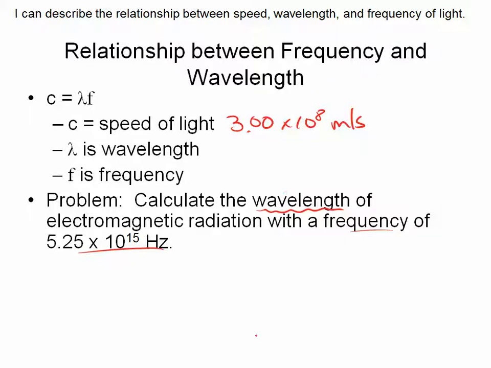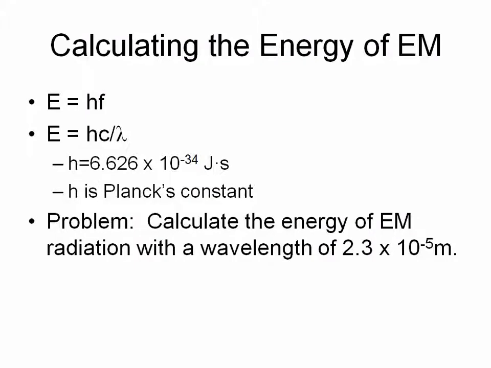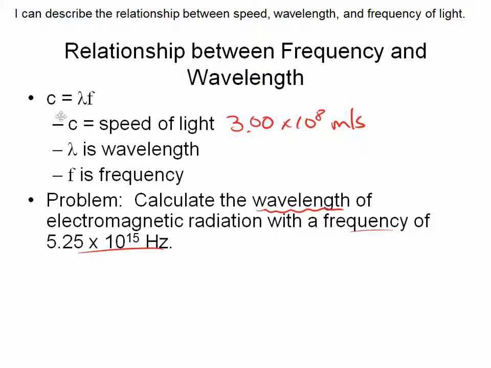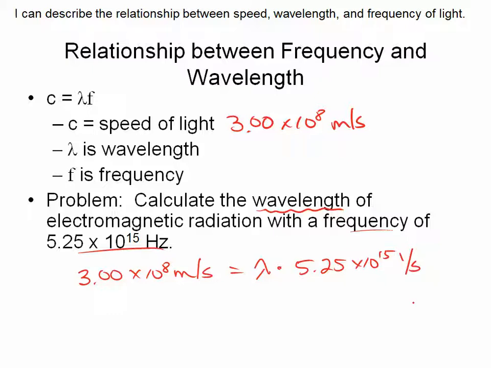So plugging information that I know into this equation, my speed of light, which is 3 times 10 to the power of 8 meters per second, is going to be equal to wavelength, that's the one that I'm looking for, there's my lambda, times frequency. So multiplying by 5.25 times 10 to the power of 15 hertz. And remember, hertz is basically 1 over second.